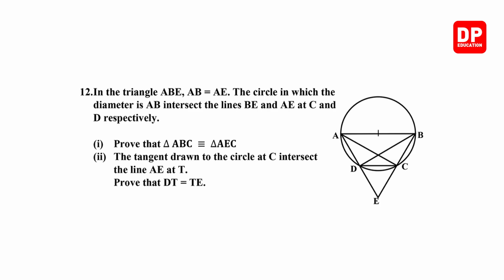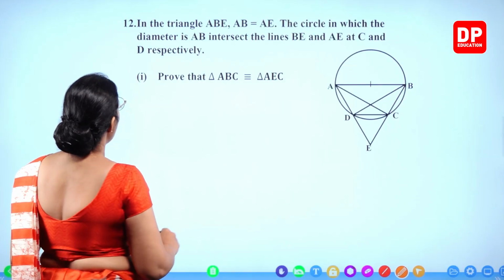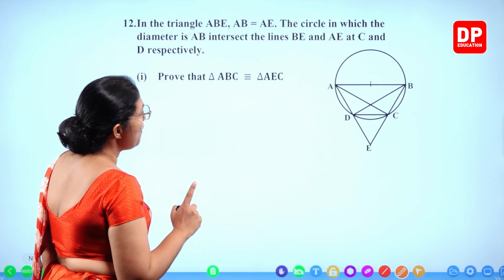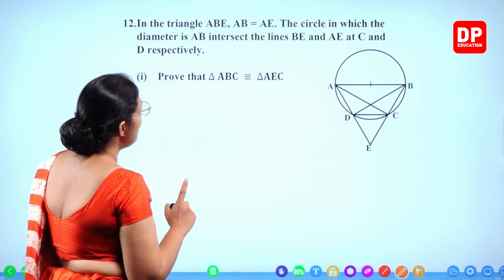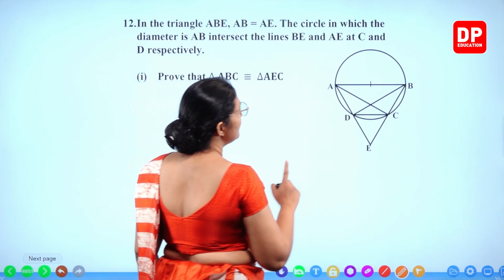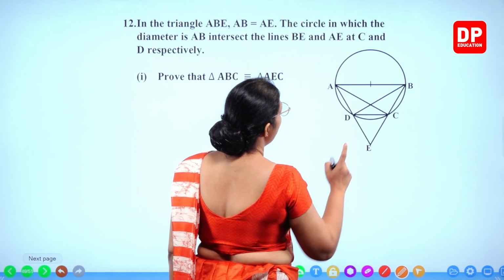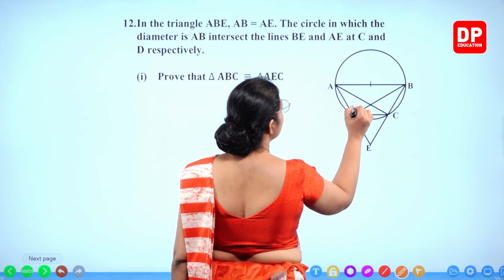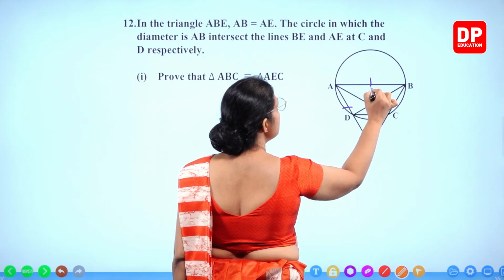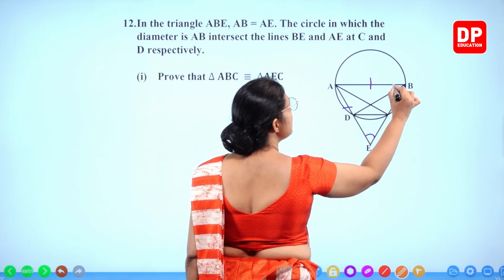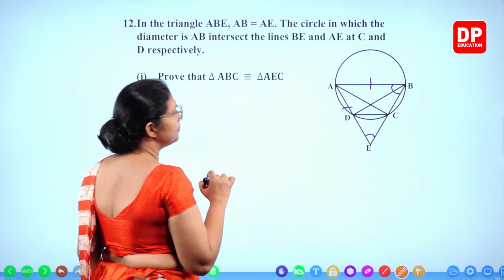You have to prove that. So let's do the first part. In the triangle ABE, AB equals AE. These two lengths are equal. That means this angle and this angle both are equal.